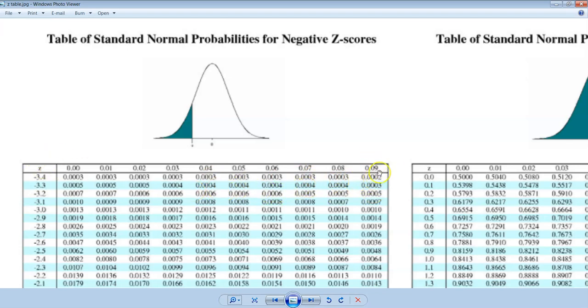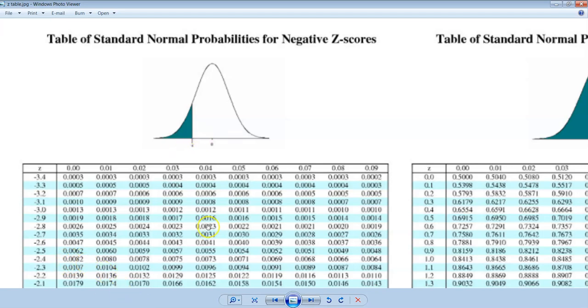So this number here, 0.0002, refers to negative 3.49. Whereas this one over here is negative 2.40.